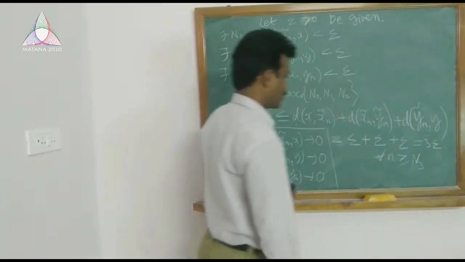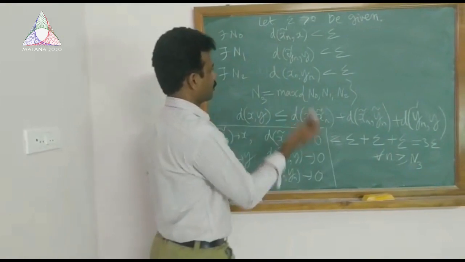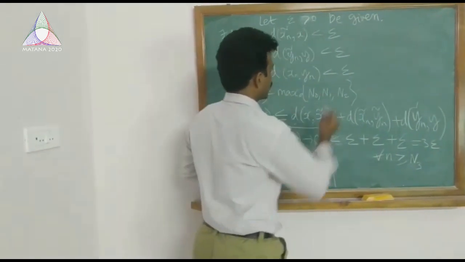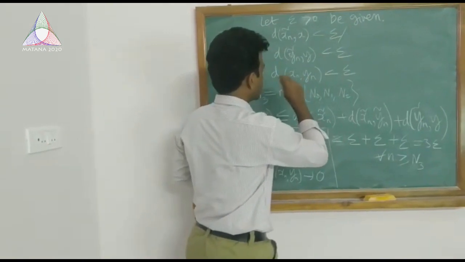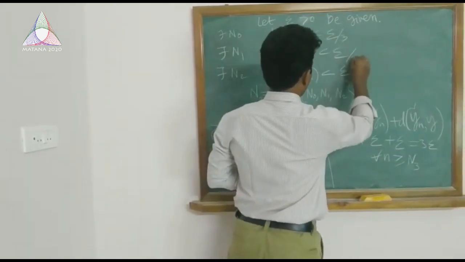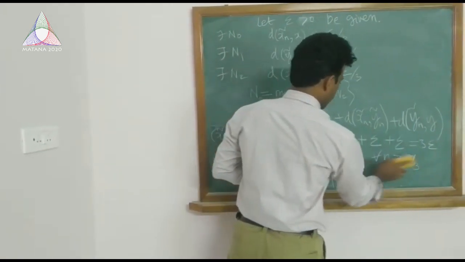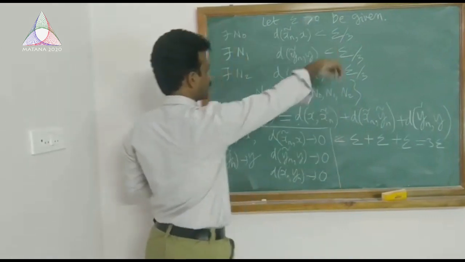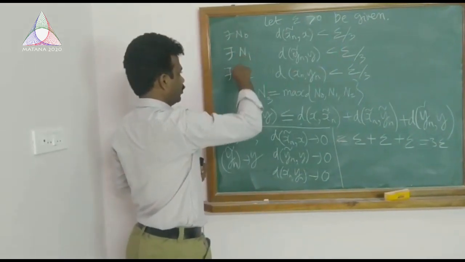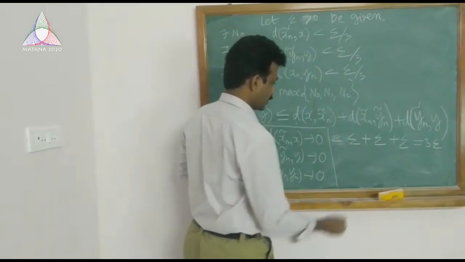But I want to have an epsilon here. Therefore we could have done this for epsilon by 3. If I apply the definition of convergence for epsilon by 3, epsilon by 3, epsilon by 3, then instead of 3 epsilon, we could get these stages n0, n1, n2 for this particular epsilon by 3.